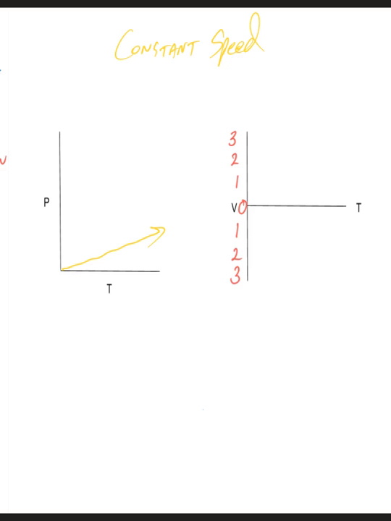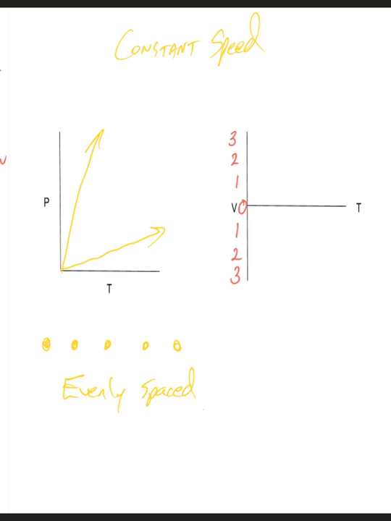This would show constant speed. That would show constant speed. If it is a straight diagonal line, that represents constant speed. Okay, on a motion diagram, the dots would have to be evenly spaced to show a constant speed.